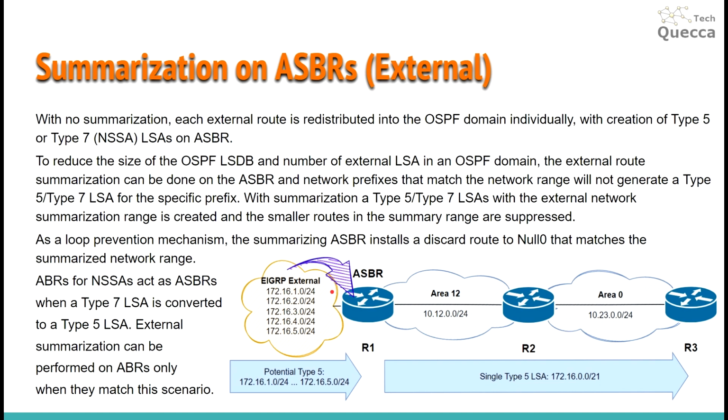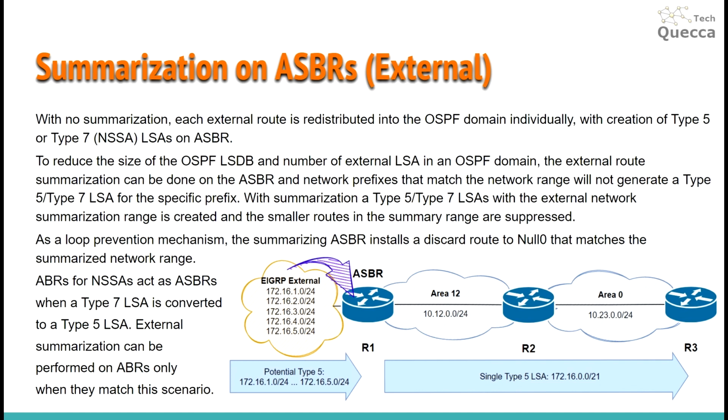But if we configure summarization on ASBR, then instead of 5 potential type 5 LSAs, we're going to have only a single type 5 LSA advertised into areas in the OSPF domain. The same as for ABRs.